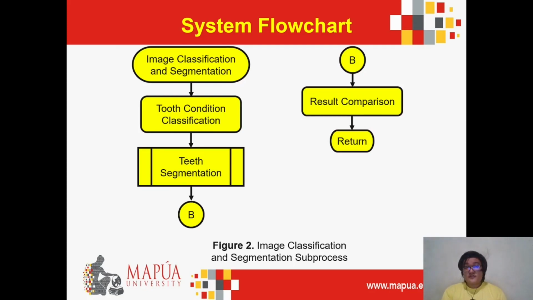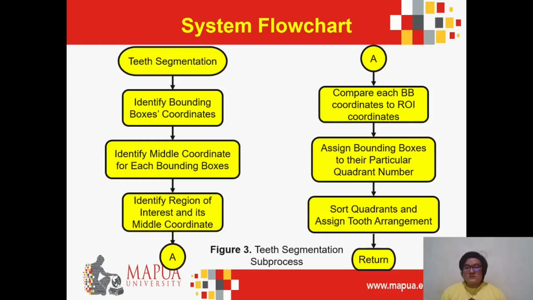For the image classification and segmentation subprocess, images will be subjected to the tooth condition classification process. Then it will evaluate the image for the possible tooth components with their respective classification. Lastly, the priority list will be used to compare all the results to get the optimal output.